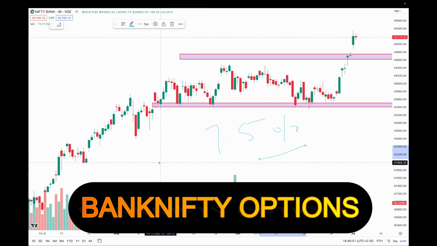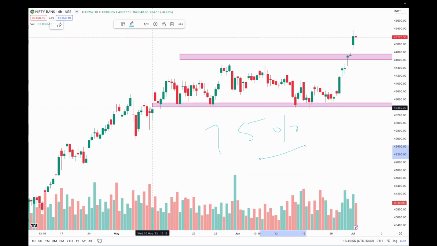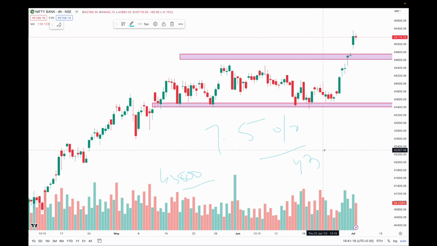So I'll show what exactly I've done. This is a Bank Nifty chart. If we see in the month of June, Bank Nifty opened at around 43,800 levels. And we can see what the low was that Bank Nifty made. It was around 43,300 or 350.